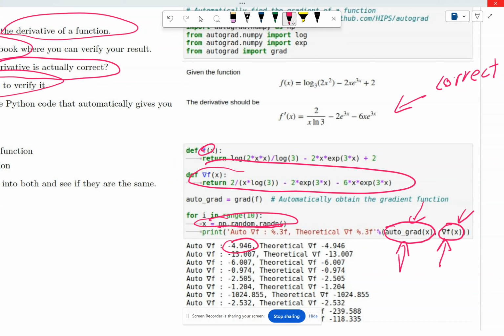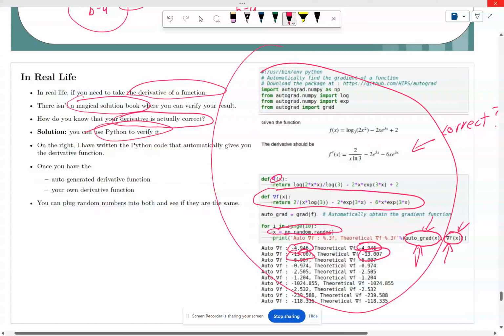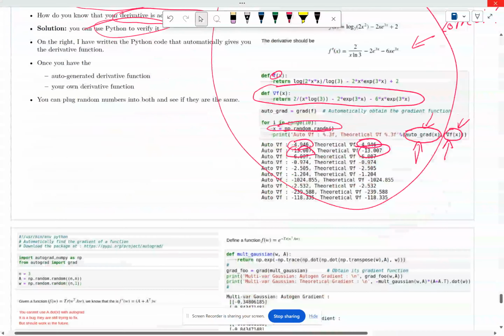So same result here, same result here. So from this, I can see that what I'm doing is correct. This is indeed the theoretical derivative. This is how you can tell whether what you're doing is correct or not, and verify yourself and not embarrass yourself once you start working.